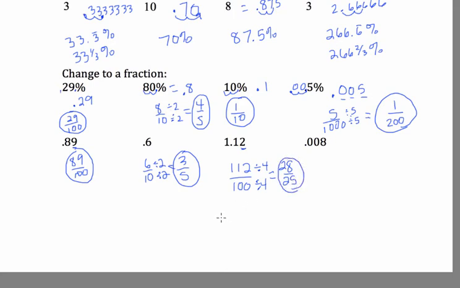You could also say it's 1 and 12 hundredths, and then reduce that. 0.008. Tenths, hundredths, thousandths. So that's the thousandths spot. 8 thousandths. Which reduces to 1 over 125.